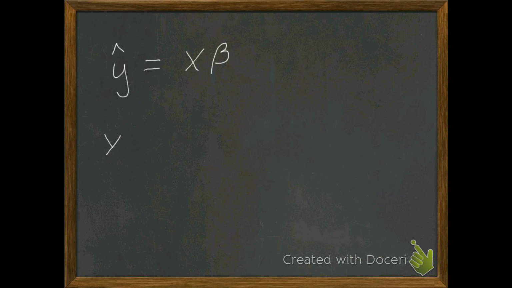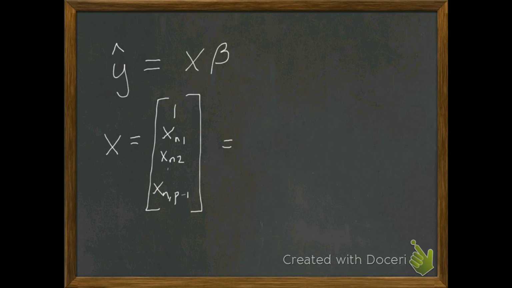But x in this case is going to be 1, x in 1, x in 2, x in, and let's just call it p minus 1 or k.